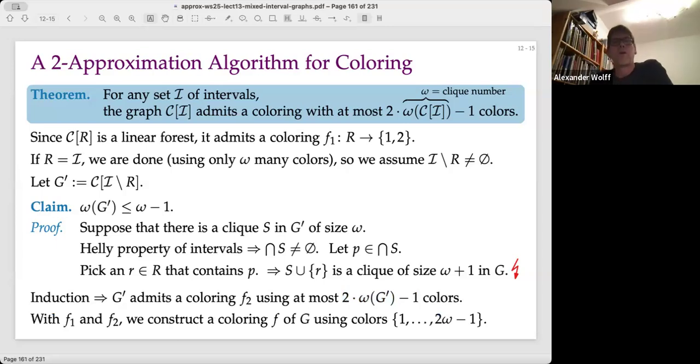So combining these two colorings, the one up here, f1, which just uses 2 colors, and the coloring f2, which uses 2 times omega of G prime minus 1 colors, and omega of G prime we know is omega minus 1. So we will use these together to get a coloring that has the right number of colors.